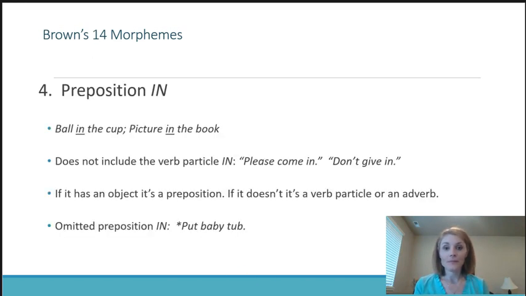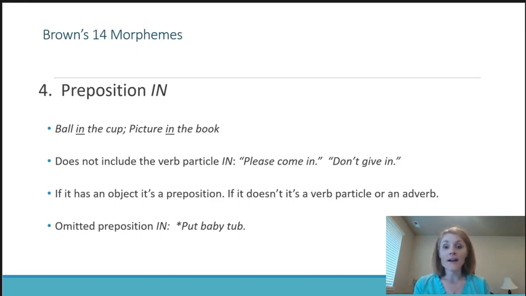All right, next we have the preposition in. So an example would be ball in cup or picture in the book. This does not include the verb particle in, such as if you were to say something like please come in or don't give in.